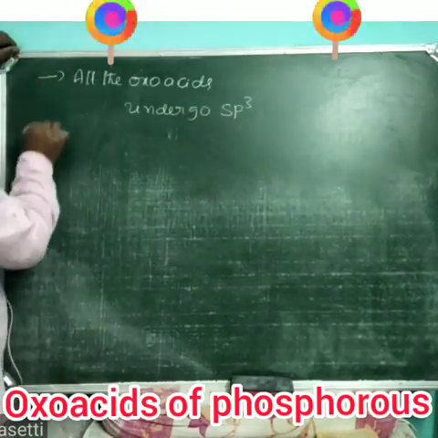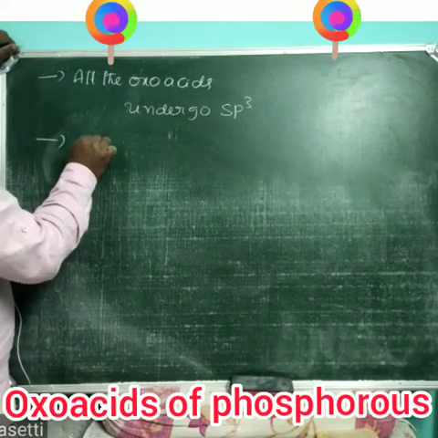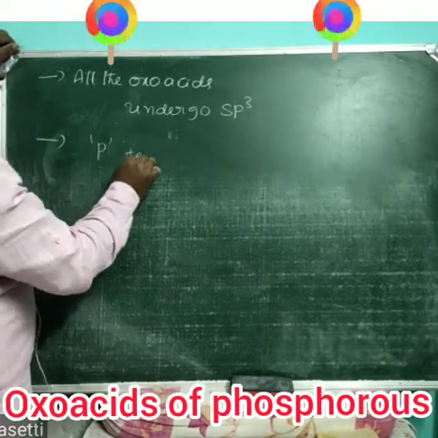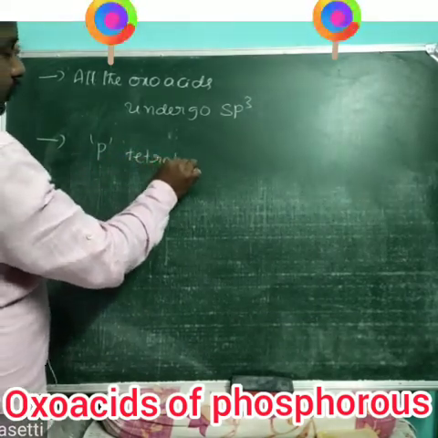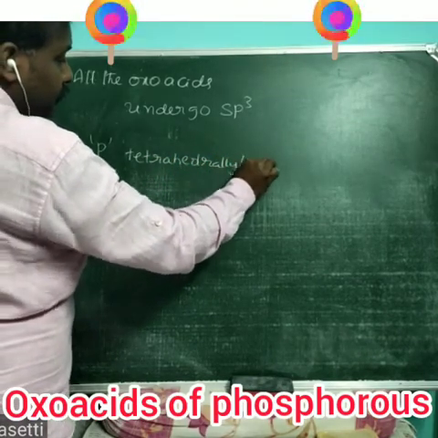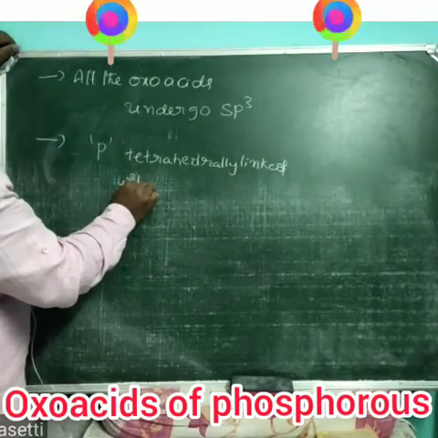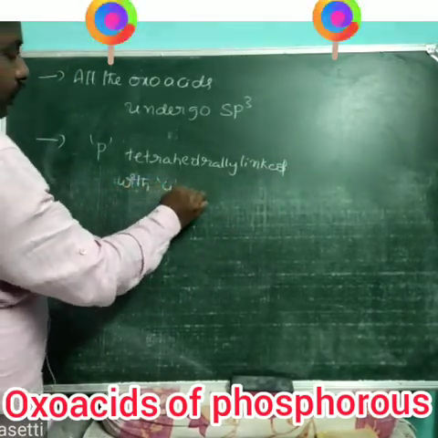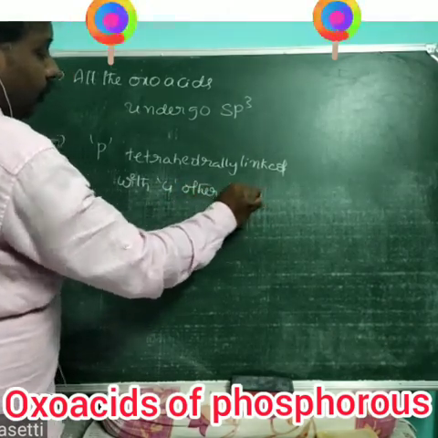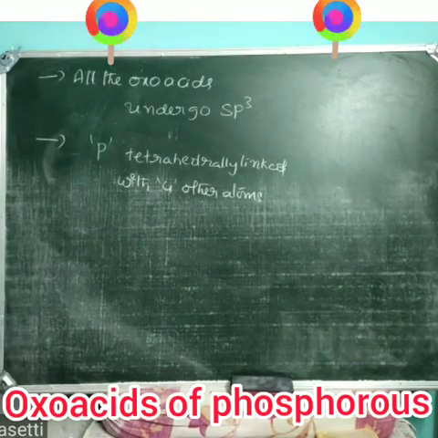In all oxoacids, phosphorus is tetrahedrally linked with 4 other atoms.